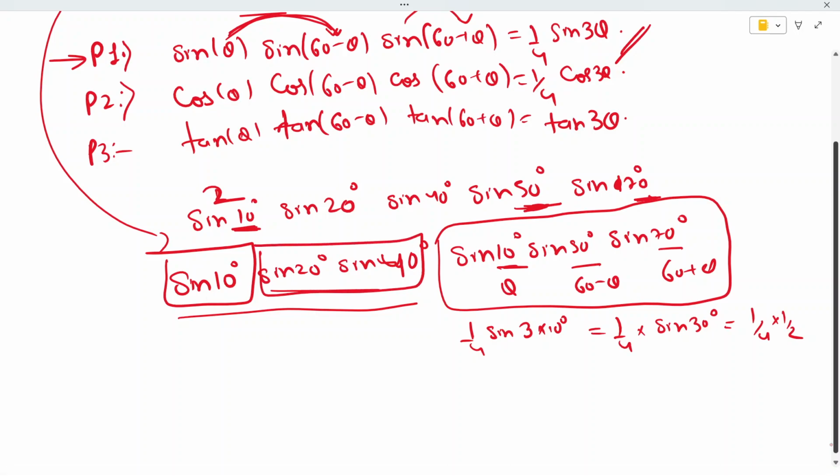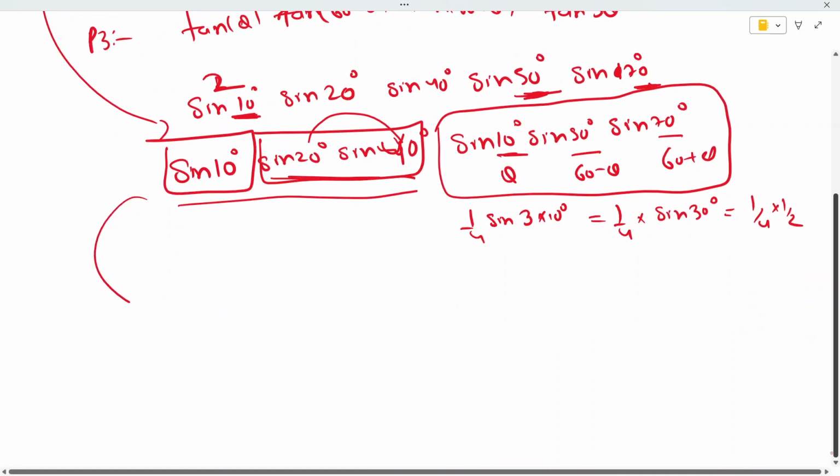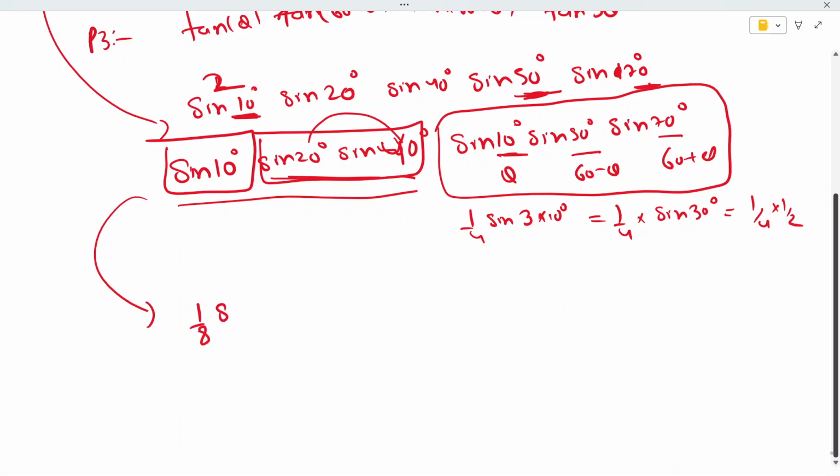Look, this is a product, and we know that we can turn a product into a sum, because here we see that it is 40 and it is 20, and we know the value of sin 60 and its difference. Now let's go from here. We can take 1/8 sin 10 degrees. Now we can multiply by 2 and divide by 1/2.